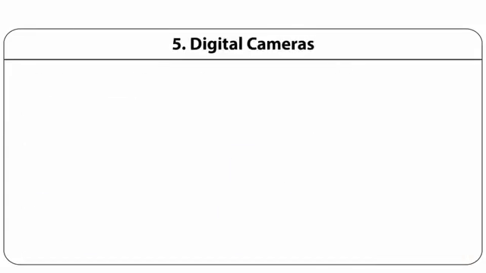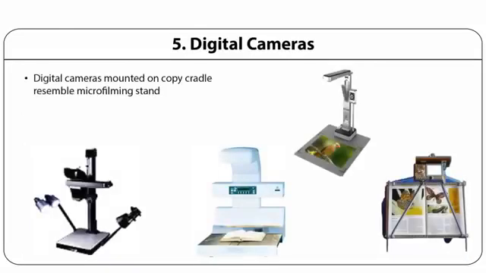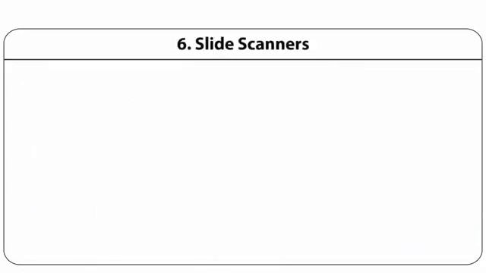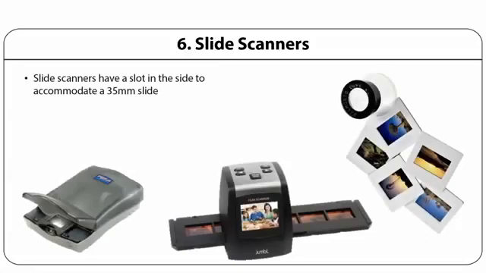Digital cameras. Digital cameras mounted on a copy cradle resemble a microfilming stand. Digital cameras are the most promising scanner development for library and archival applications. Sixth one is slide scanners. Slide scanners have a slot in the side to accommodate a 35 mm slide.